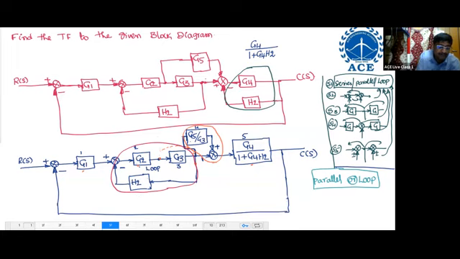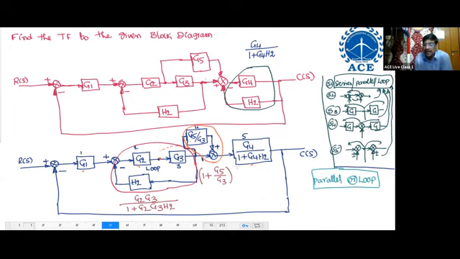What will you get? G2, G3 by 1 plus G2, G3, H2. And what is this simplification? 1 plus G5 by G3.